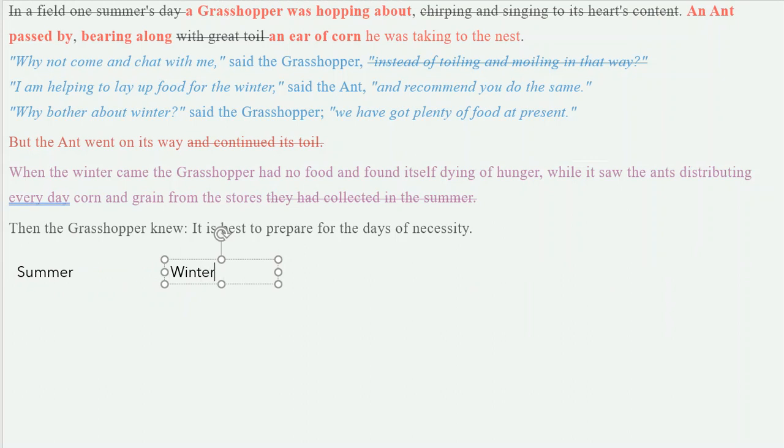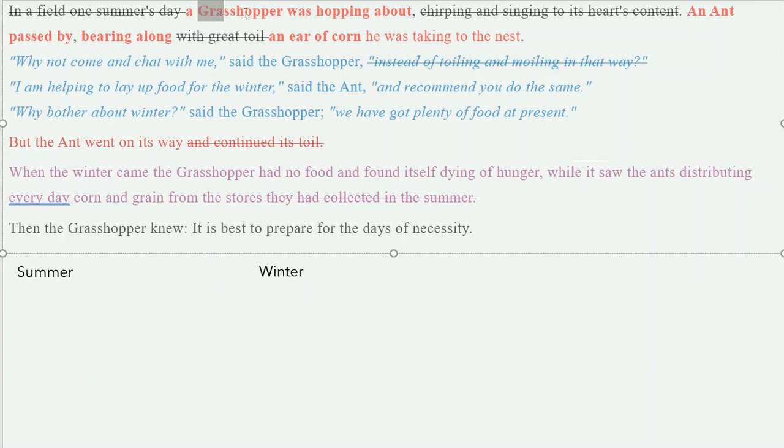So the whole text is structured around two activities, something that you have to do in summer and something you do in winter, right? So what do we do in summer? Well, it depends whether you are a grasshopper or an ant.